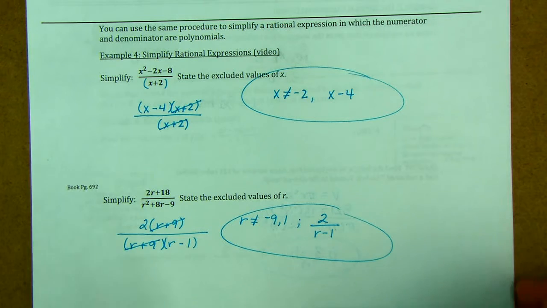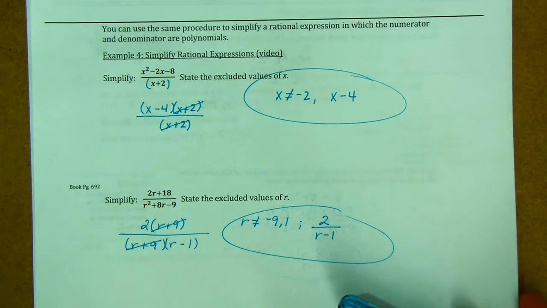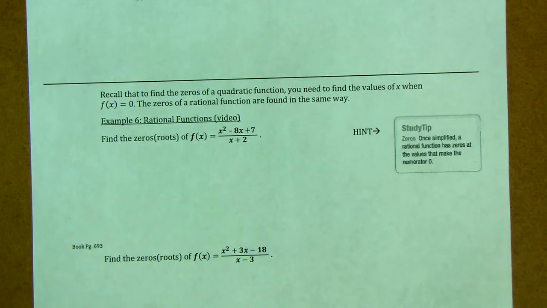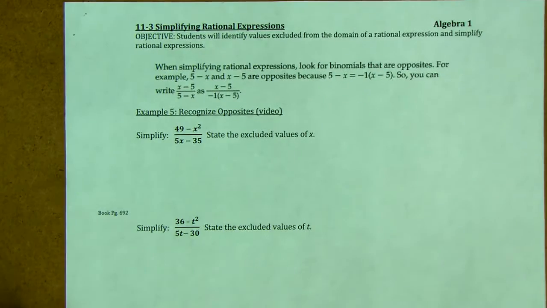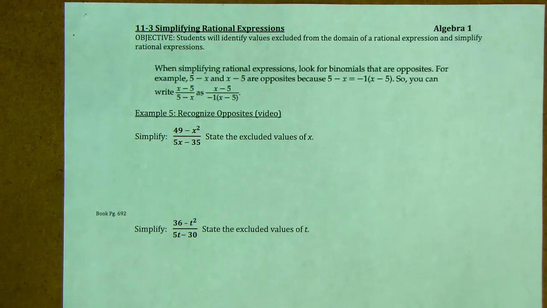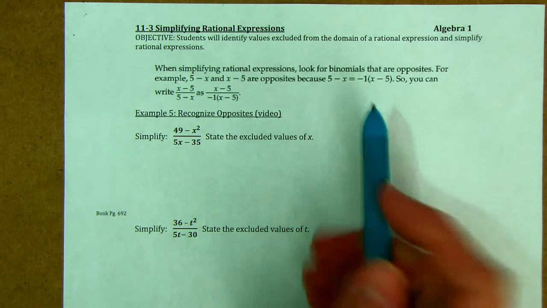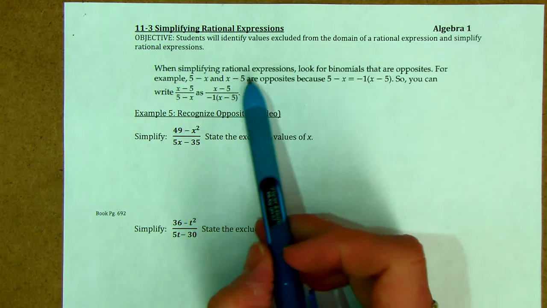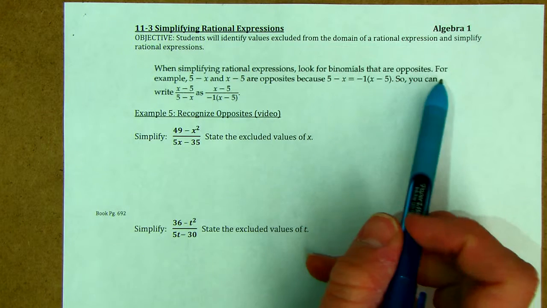Okay, moving on. Getting tougher and tougher. So right here, they kind of give you a hint. Up here, it says look at binomials that are opposites, and you may be able to take out a negative 1.